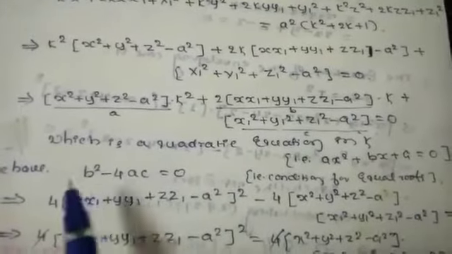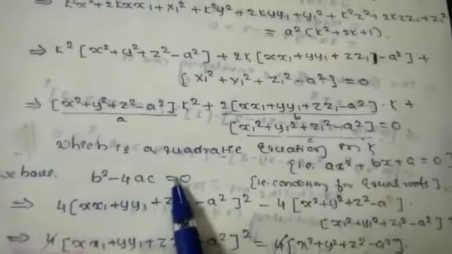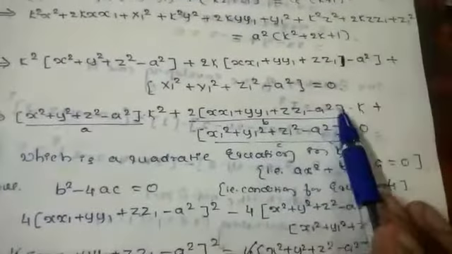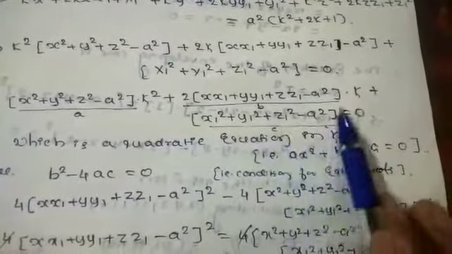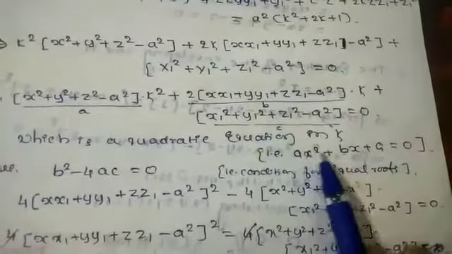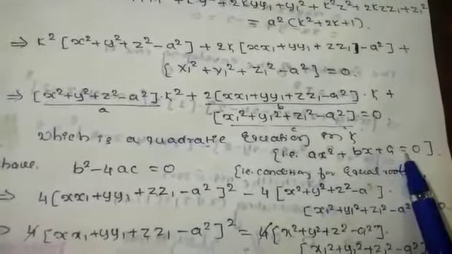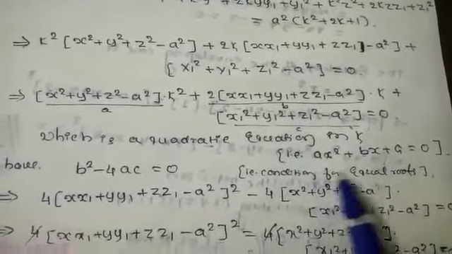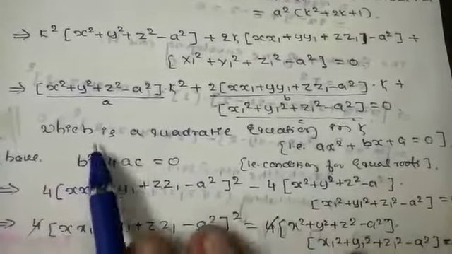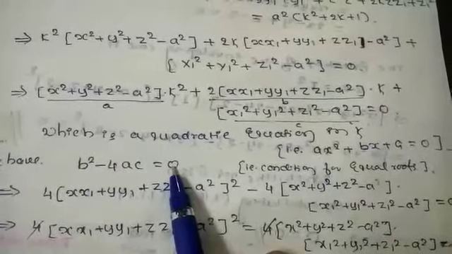What is the condition for equal roots? b square minus 4ac must equal 0. Consider this term as a, this term as b, and this one as c. So applying the condition for equal roots, b square minus 4ac must equal 0.